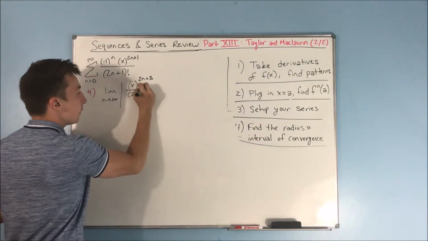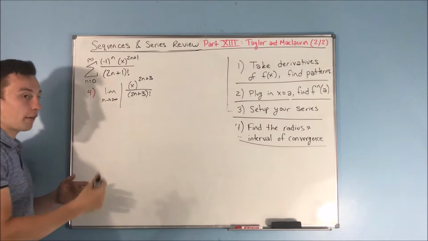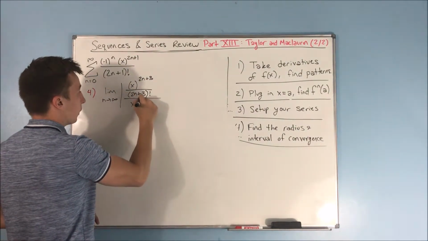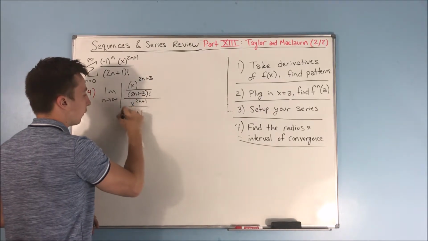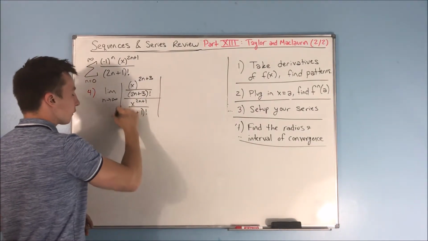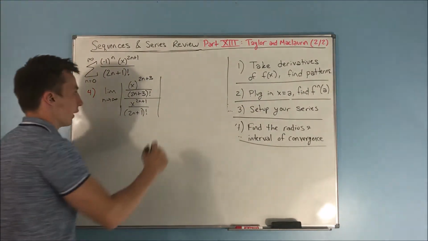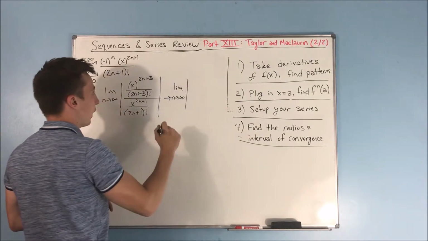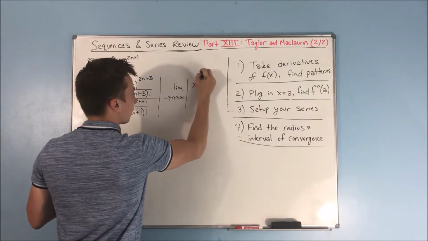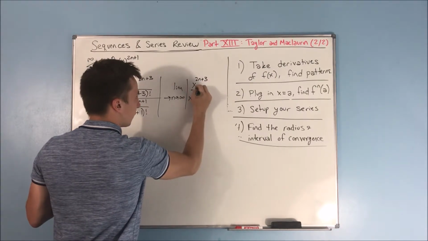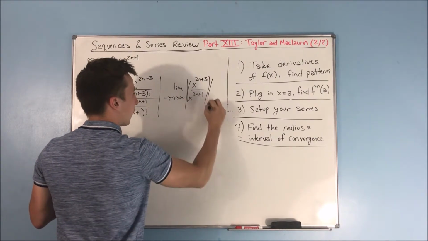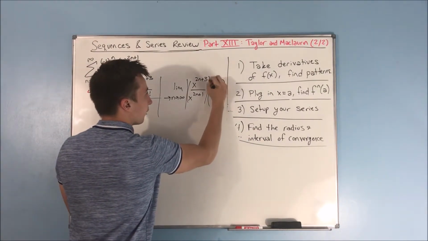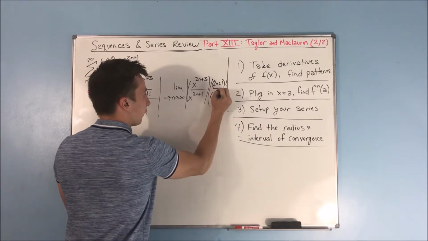The denominator is the same exact thing as before, x to the 2n plus 1 over 2n plus 1 factorial. Rewriting this limit to make it look nicer, we get the limit as n approaches infinity of the absolute value of x to the 2n plus 3 over x to the 2n plus 1, multiplied by 2n plus 1 factorial over 2n plus 3 factorial.